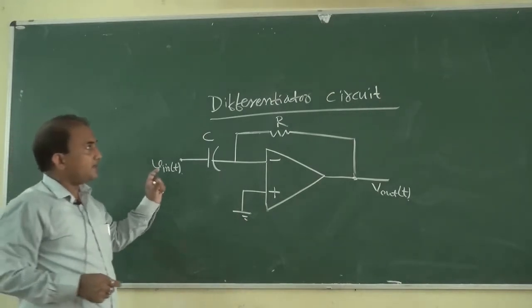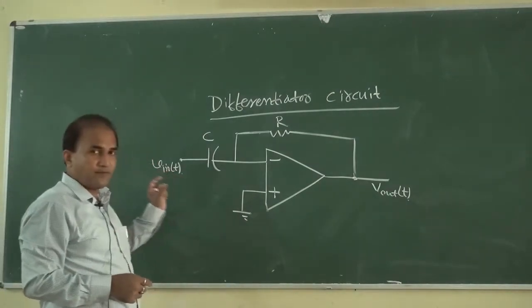So this is the circuit diagram of a differentiator circuit by using an operational amplifier.